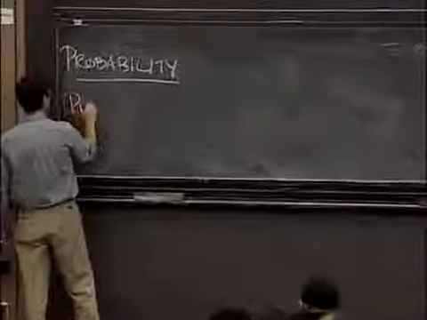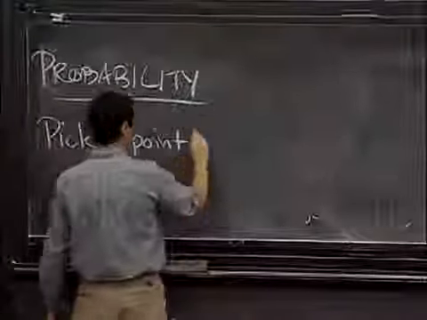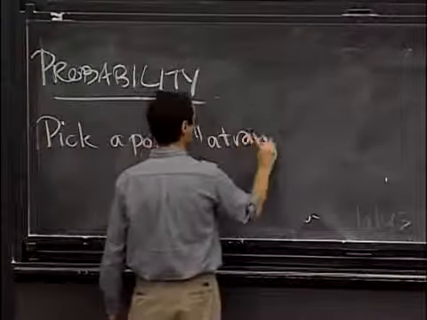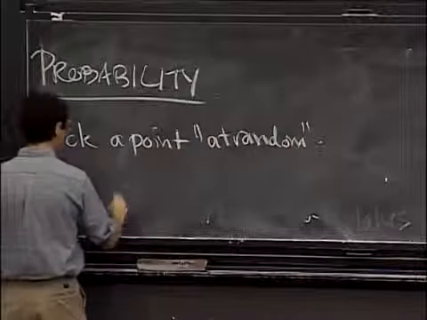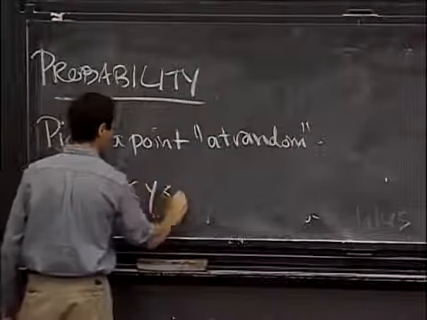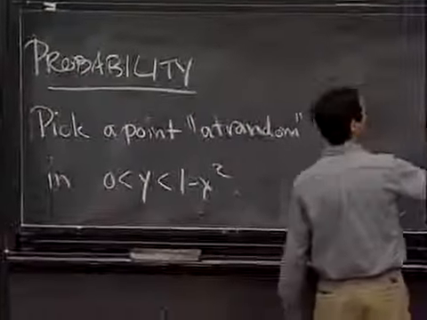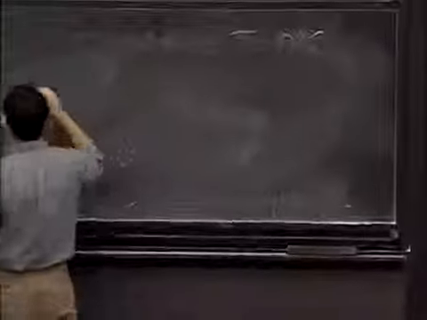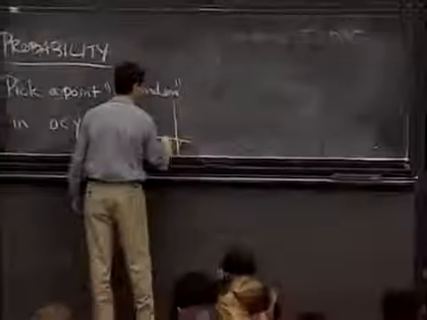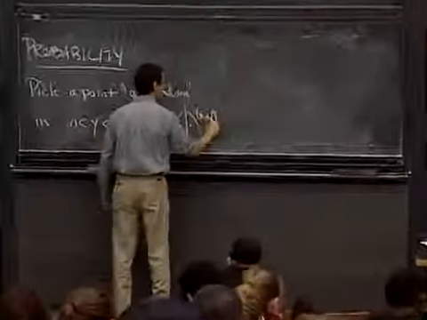I'm going to pick a point, in quotation marks, at random in the region y less than x less than 1 minus x squared. That's this shape here. Let's draw it right down here for now. So somewhere in here, some point x comma y.